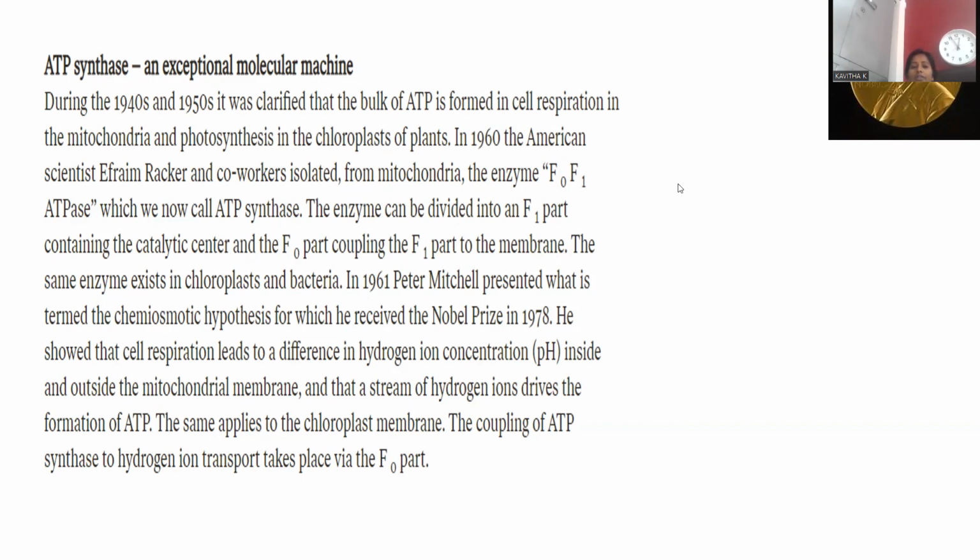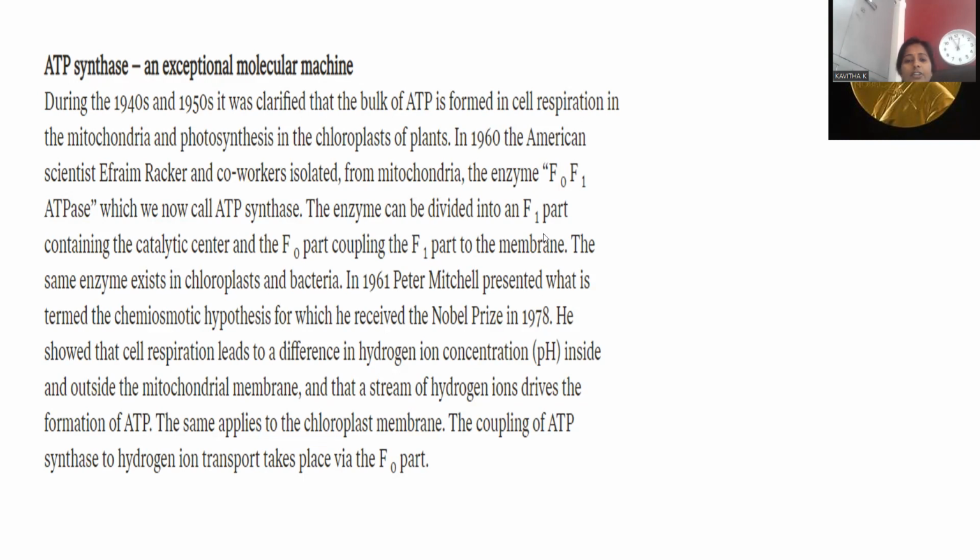So the first ATP synthase enzyme was isolated in 1960 by the American scientist Ephraim Racker and his co-scientists, and it is the key enzyme which converts ADP into ATP, which is the energy currency, we can say, right?